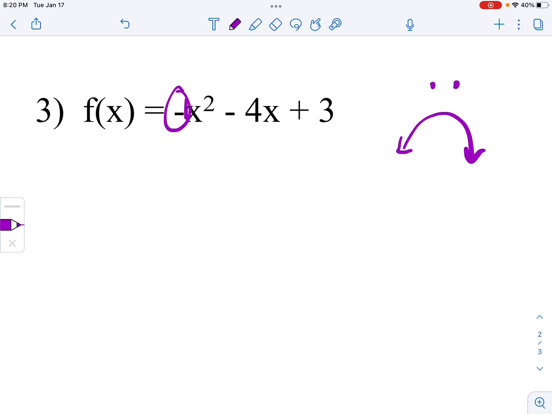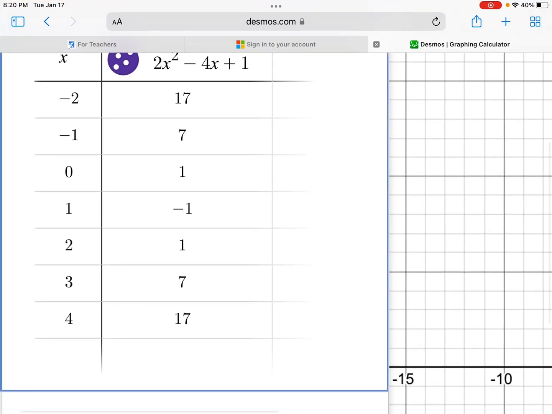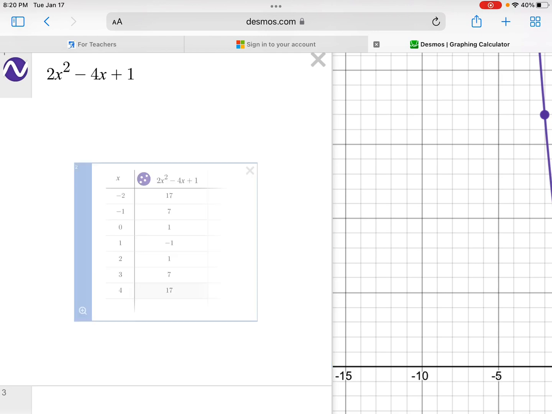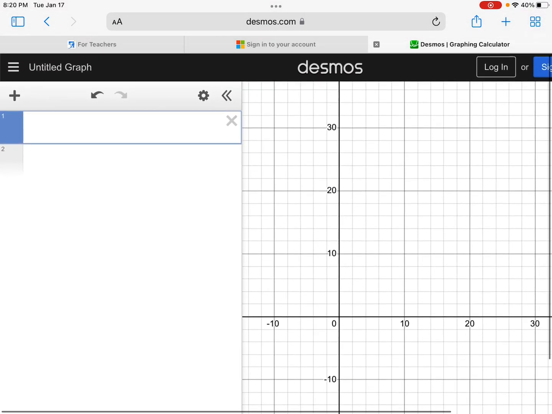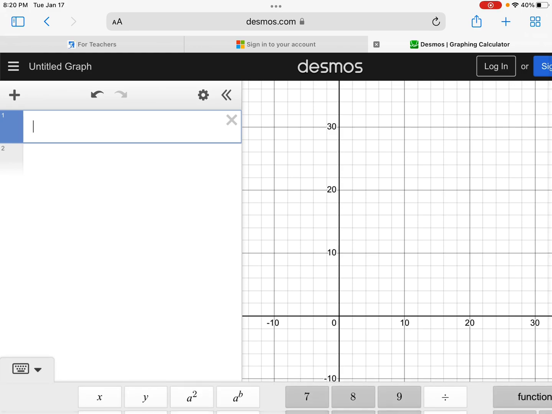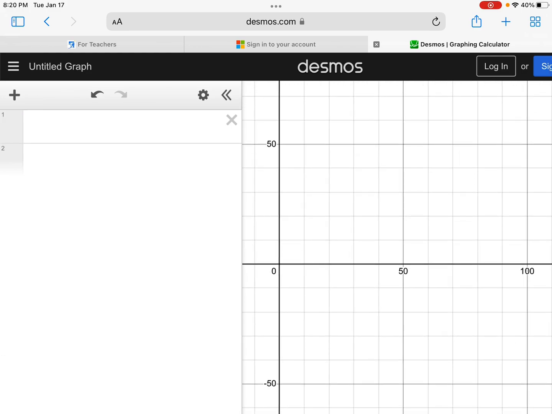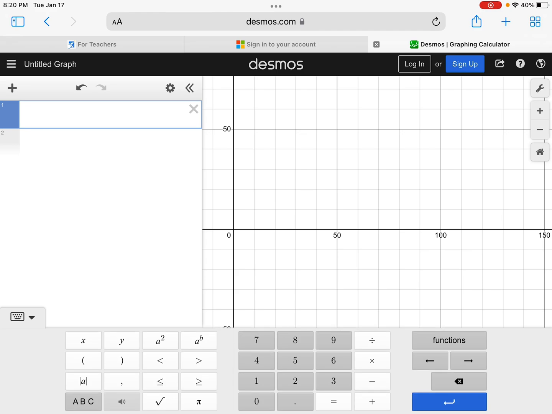Let's double check. We're going to put this in our Desmos or in your calculator. When you're doing these, I want to make sure you're always clearing your table, your Y1s every time you do this. Oh, what's happening here? Sorry, guys. Okay, so this was negative.